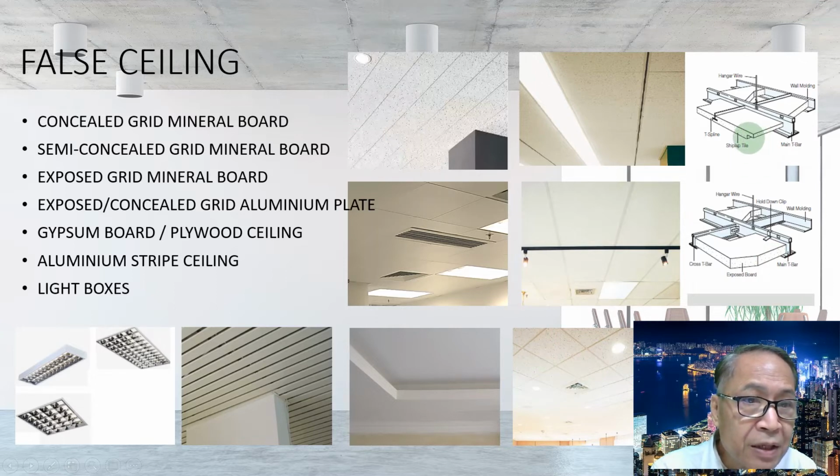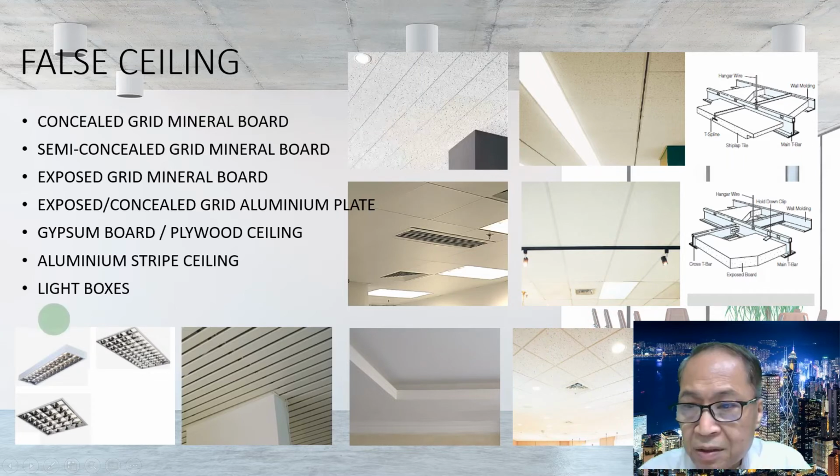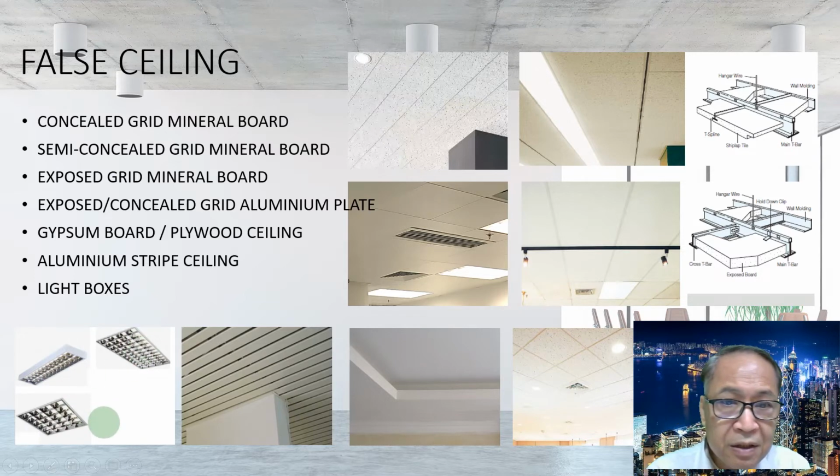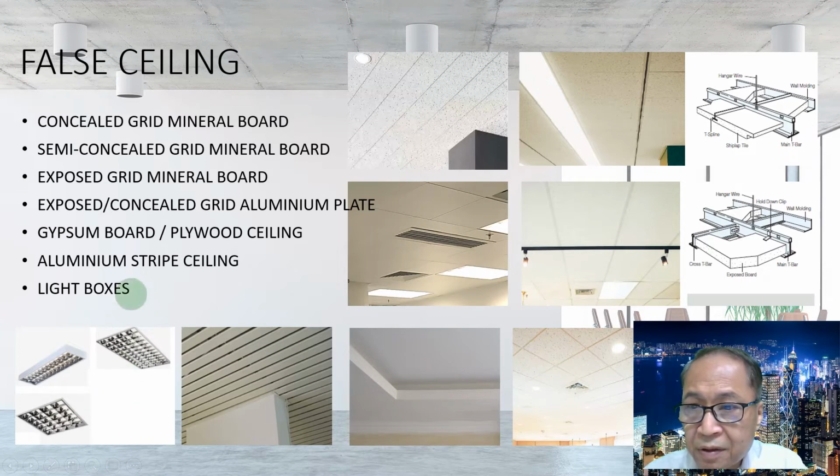Rebate panel like this. Rebate is drop down. This is flush installed, but this is drop down with the grid in recess. And light boxes, that's kind of light reflector. This is a pink light box. Now they use LED lighting with the light box.